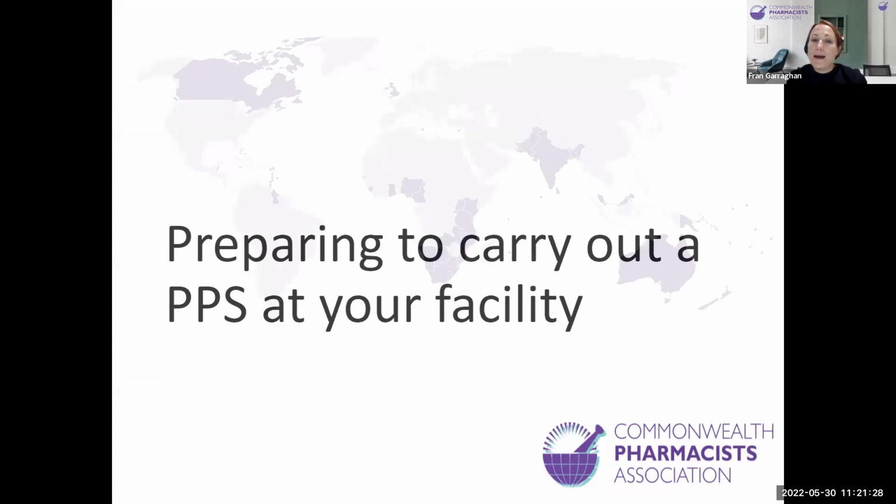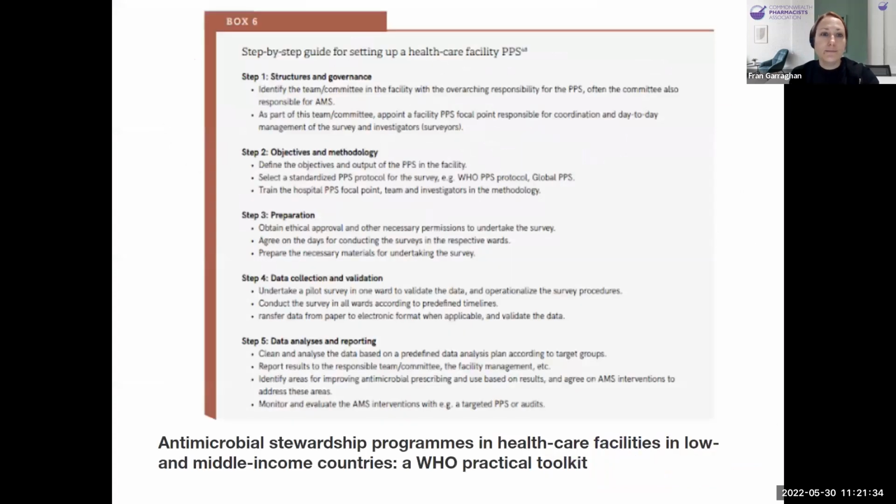So how do you prepare to carry out a point prevalence survey at your facility? Preparation is key. This slide shows an adapted step-by-step guide for setting up a healthcare facility point prevalence survey from the World Health Organization. And it identifies step-by-step, thinking about structures and governance.